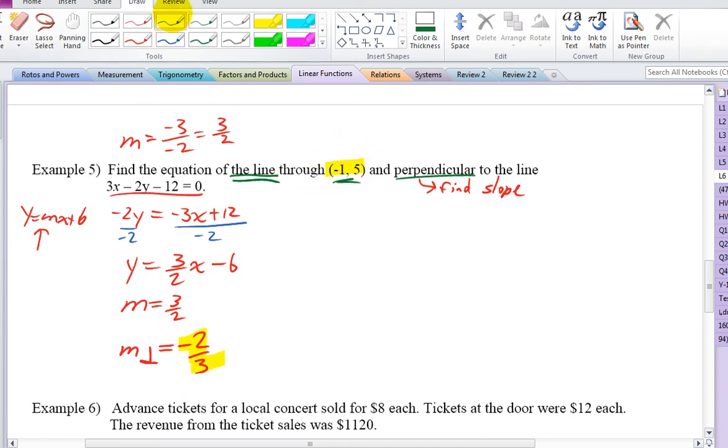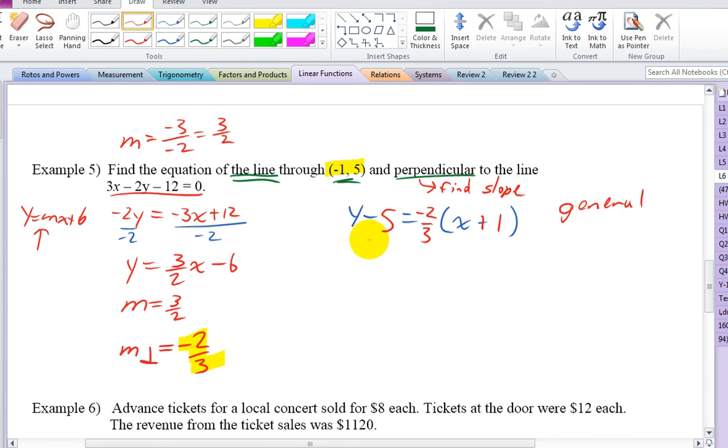Go to slope point, please. y minus, x minus, and fill in your blanks with what I just highlighted. Go. So it's going to be y minus 5 equals -2/3 times x plus 1. So now you have to change it to general.